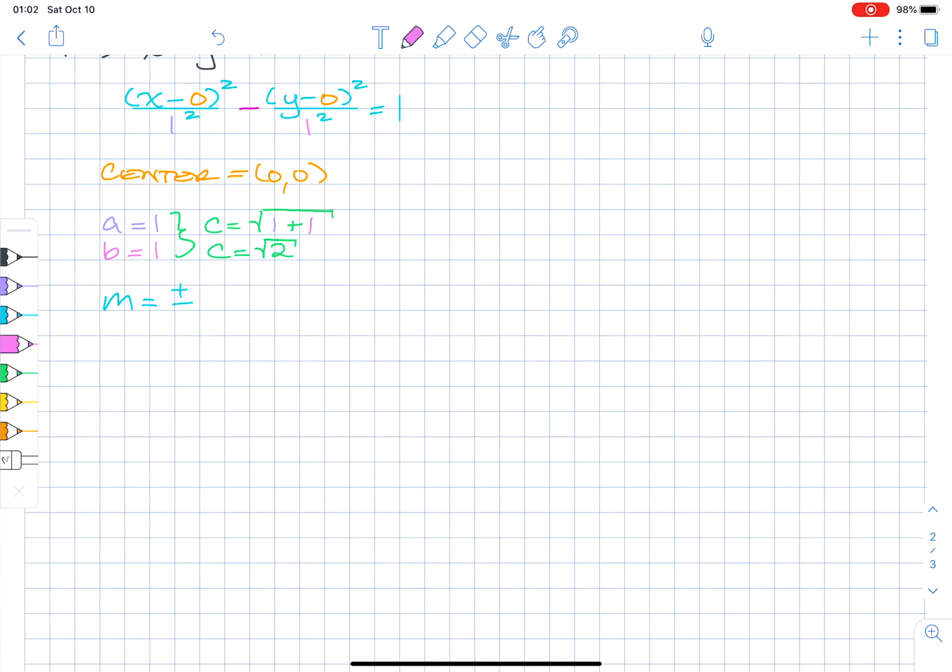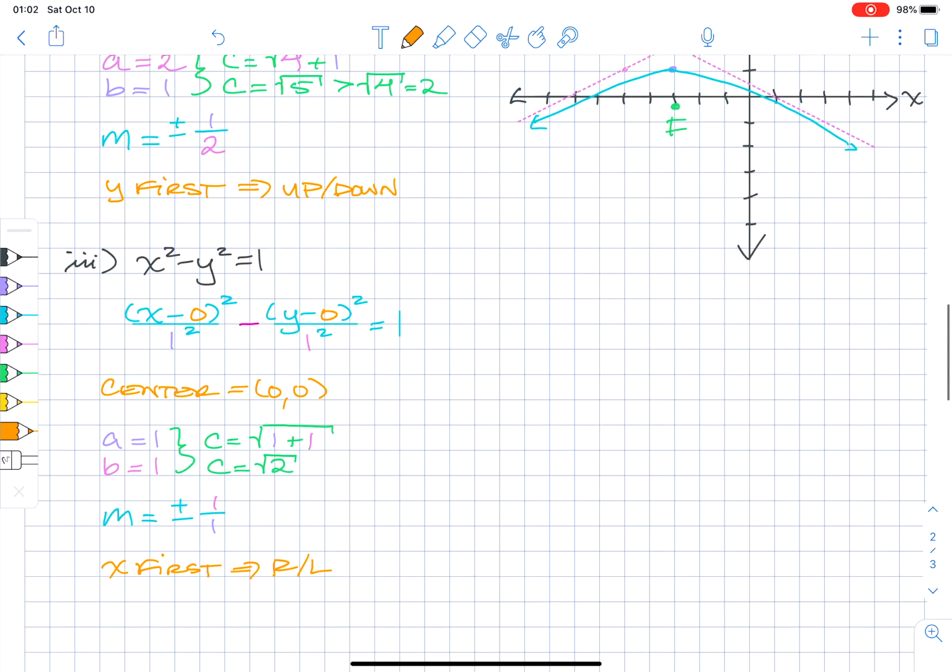But let me explicitly write that. 1 divided by 1. So rise 1, run 1. I know that this has x first. So that's right, left. Right, left.